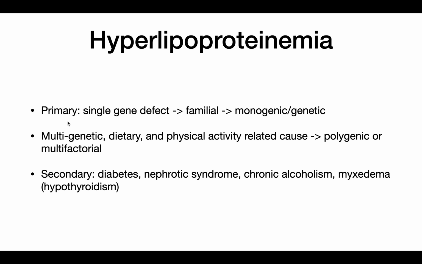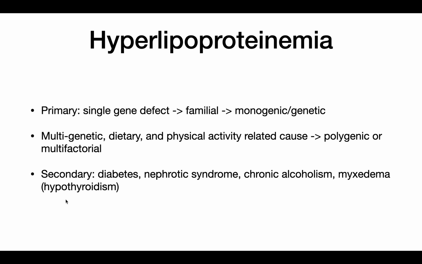But in the primary cause, there's going to be a single gene defect, and it can be either monogenic or familial. Most of the time, however, it's going to be multigenetic and environmental. So there is going to be a multifactorial cause: exercise, diet, lifestyle, along with genetics.